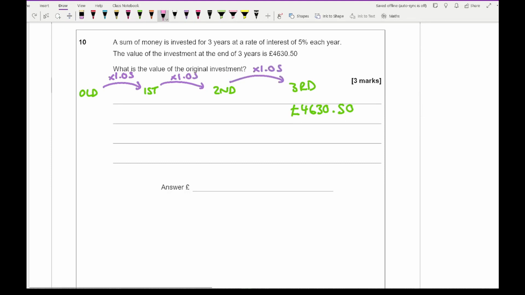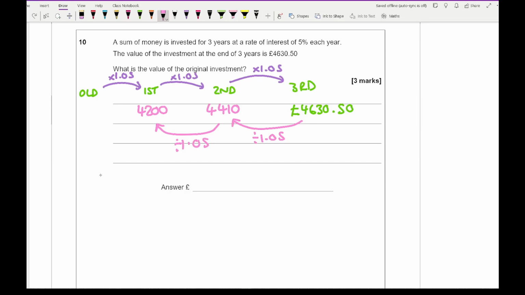So then to work out the prices, the second year price is going to be divided by 1.05. So 4630.5 divided by 1.05 gives me an answer of 4410. Then to work out the first year price, again, I divide by 1.05, which gives me an answer of 4200.